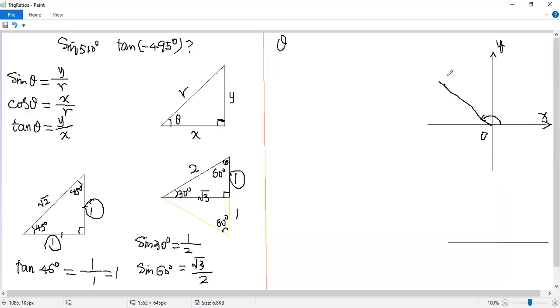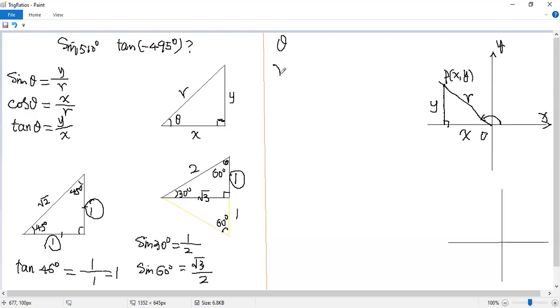Then we pick a point P on the terminal arm with coordinates x and y. Draw a perpendicular line to the x-axis, not the y-axis. And then you see this side is y. This side is x. The hypotenuse is the length of OP.